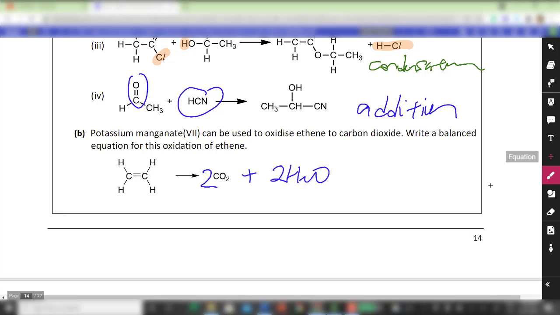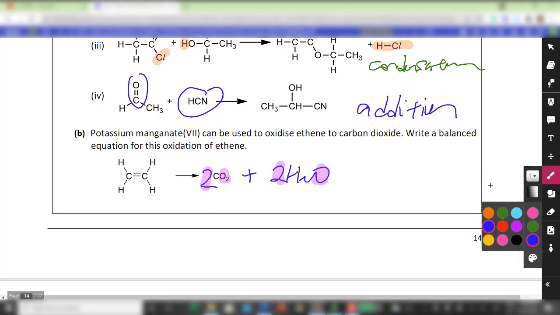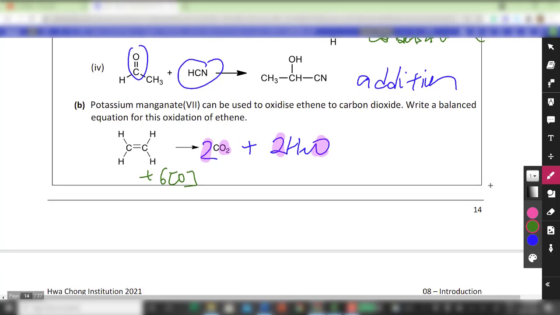Then we just do a quick count of the number of oxygen. We have 2 oxygen in water, and then 4 oxygen in CO2. So when we write the organic balancing, it's basically just 6 bracket O to get CO2 and H2O. What I've written here is enough to satisfy this question.